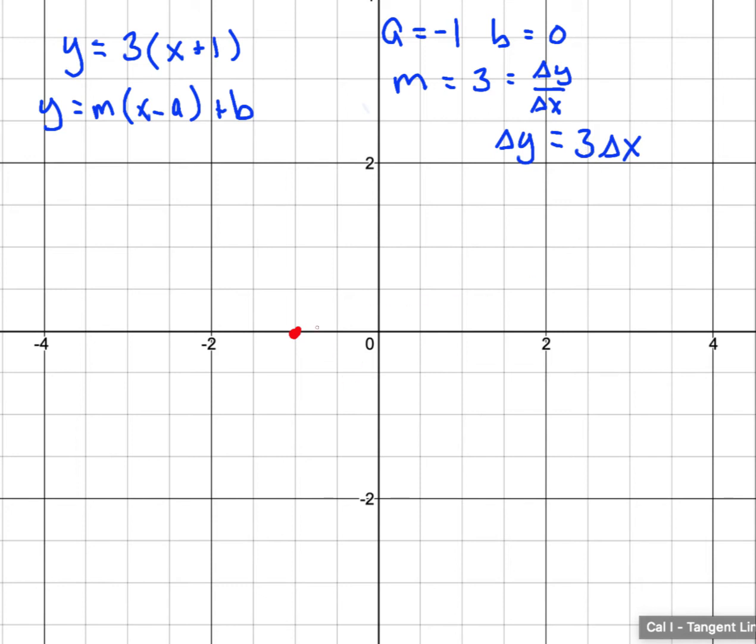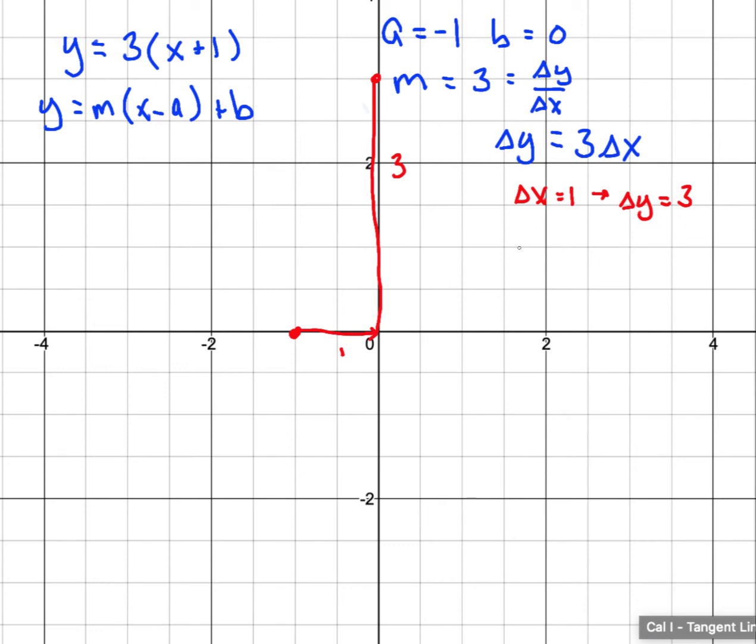So if x is 1, if I go 1 in this direction, then I will have to go 3, which is actually almost off my graph, but I have to go 1, 2, 3 units in the y direction. So if delta x is 1, this tells me that delta y is 3.